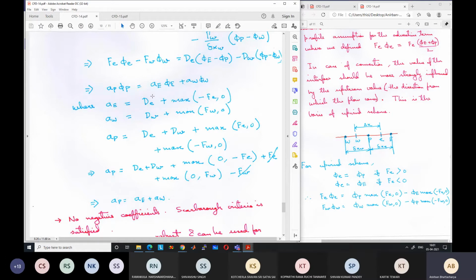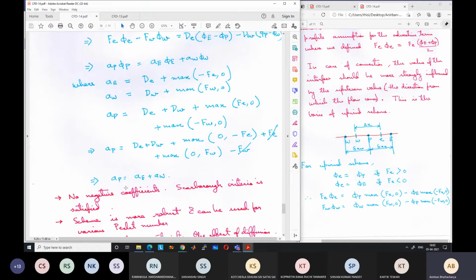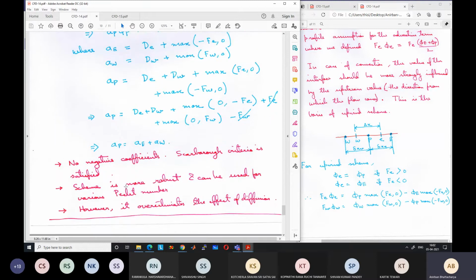So anyway, this term is positive and D is positive, so AE is positive. In a similar way, maximum of Fw and 0 is always going to be either 0 or positive. It cannot be negative. So this AW is always going to be positive, and because AP is equal to AE plus AW, AP is also going to be positive. So all the coefficients are positive, which satisfies our criteria which we had previously discussed.